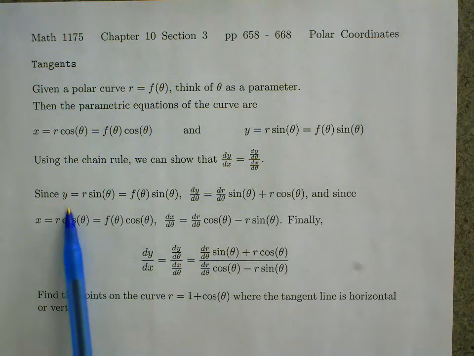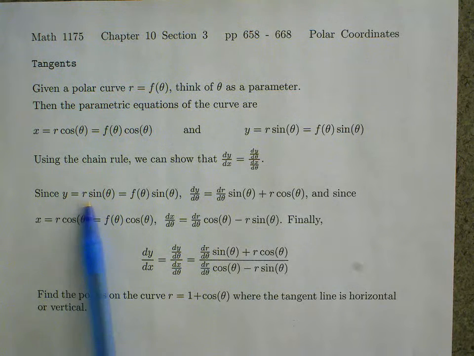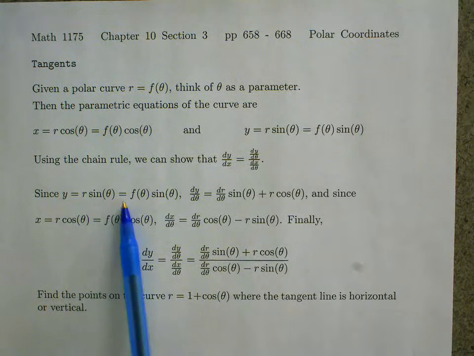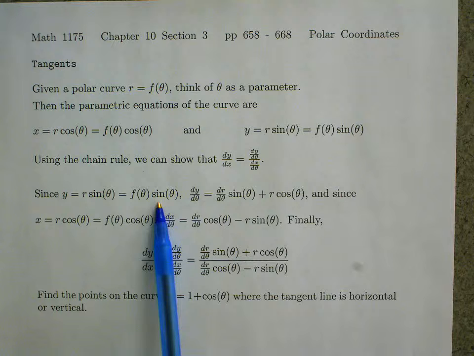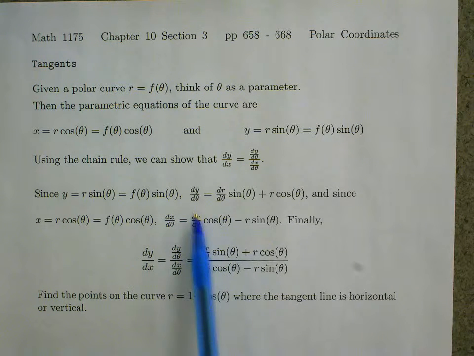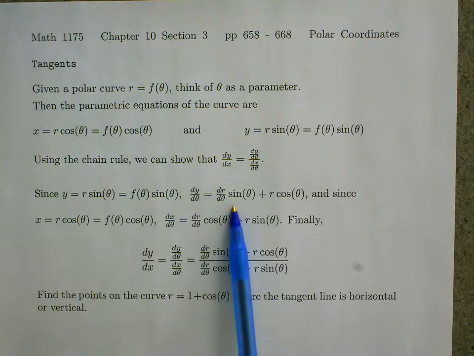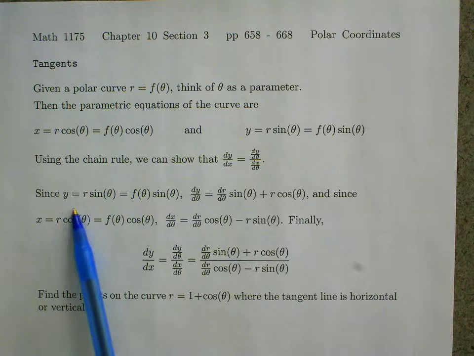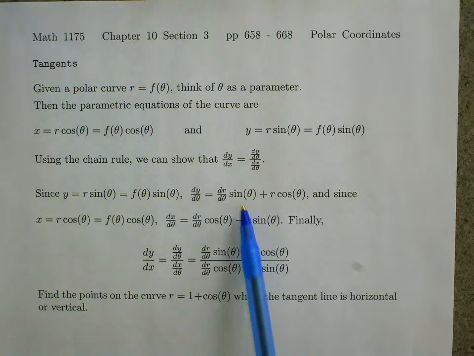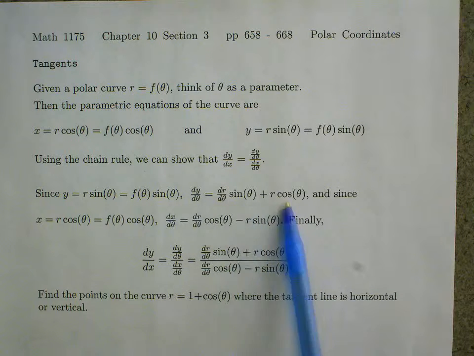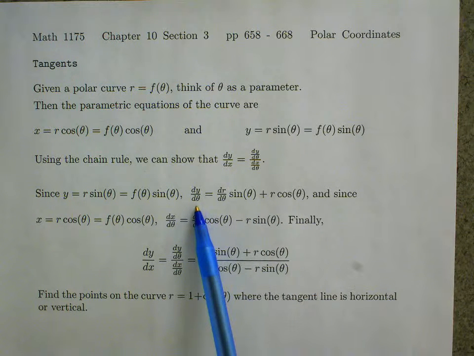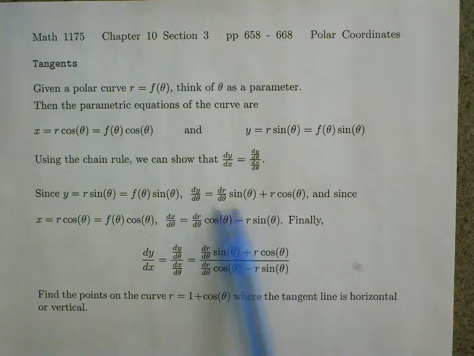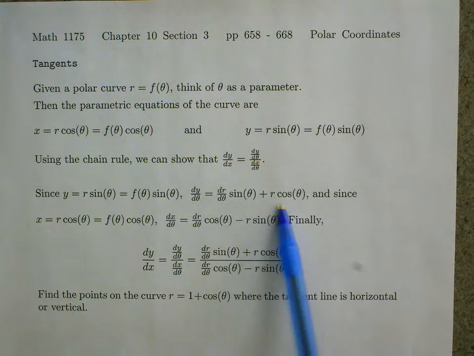Okay, since y equals r times sine of theta, or f of theta times sine of theta, we can find dy d theta by using the product rule. Since both r and sine of theta are functions of theta, we have to use the product rule when finding the derivative. So dy d theta is dr d theta times sine of theta plus r times cosine of theta.